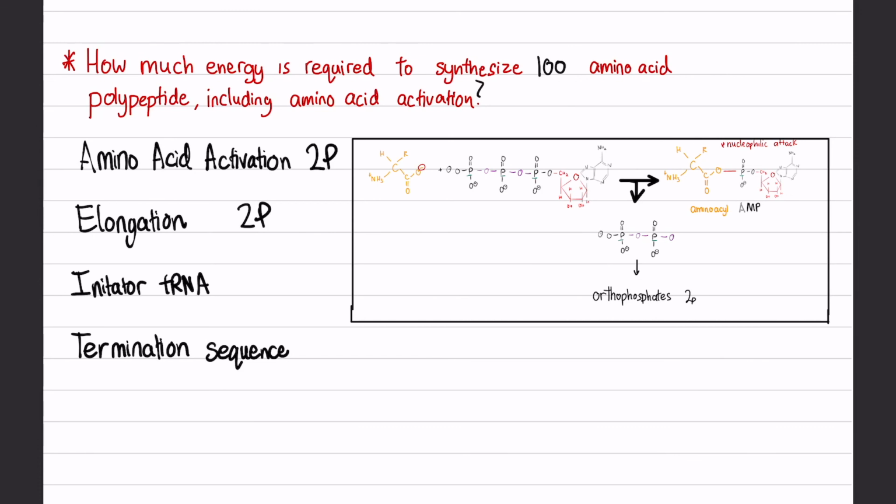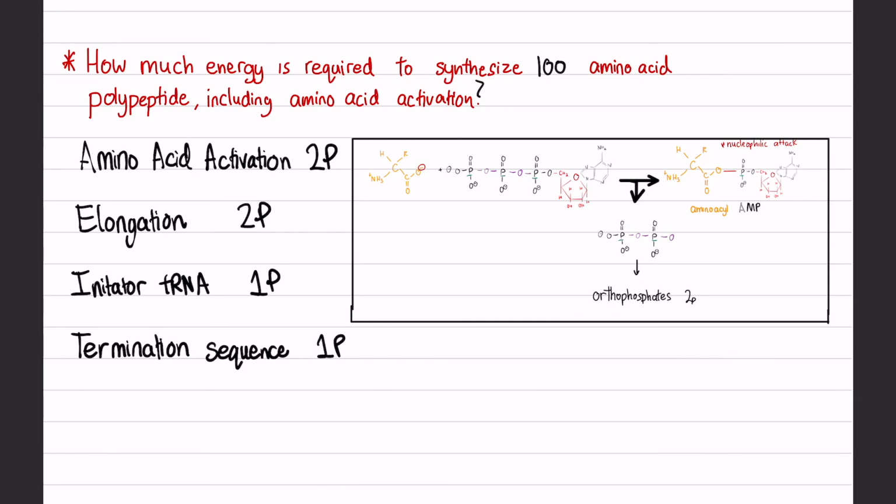Then we have initiation, when the first tRNA binds to the subunit, which requires one as well. And then the termination sequence, when the last codon is read, requires energy to expel the last tRNA. That also requires one high energy phosphate bond.